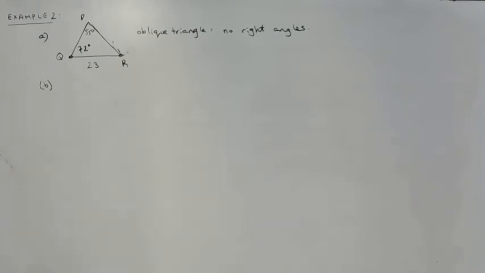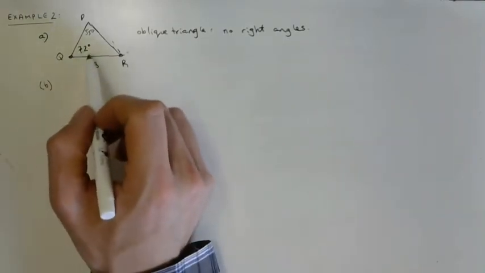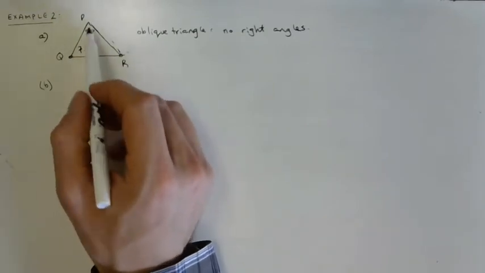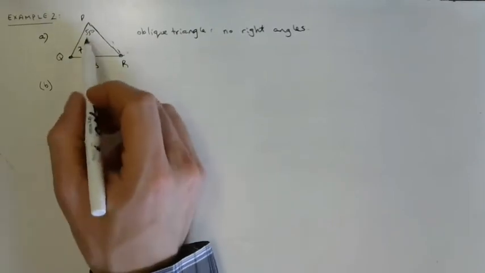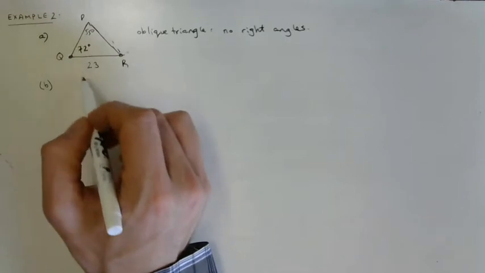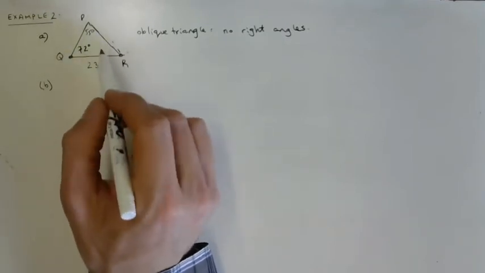There's A done. B: is it necessary to consider the ambiguous case here? Remember earlier, if we had just an angle, like just the 72-degree angle, we could have built maybe two different triangles. In this case, they've given us two angles, so there is no ambiguous case. There's only one possible triangle that fits this criteria.